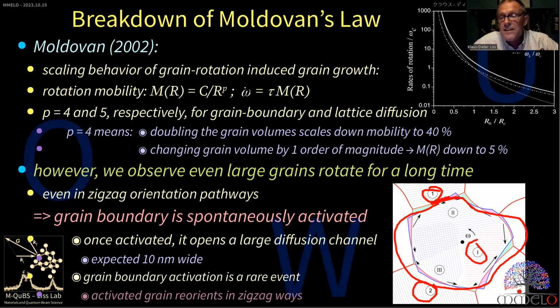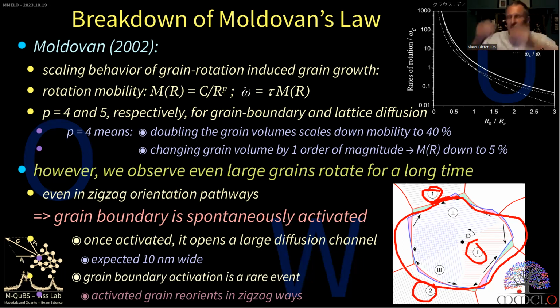And that makes a zigzag path. And then you have the competition with all the other grain boundaries and all the other neighboring grains until coalescence. And once you have had the coalescence, you still have the activated grain boundary. So then the process continues.